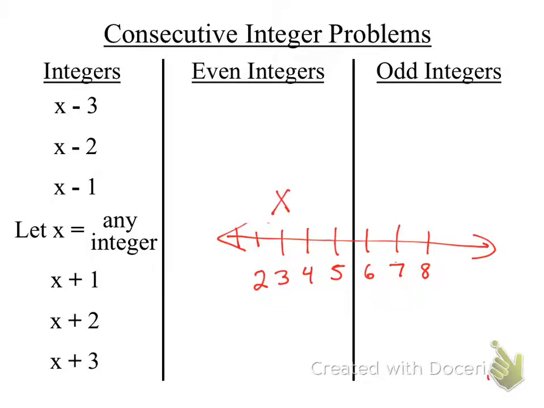What do I have to do to x to get to the next odd integer? What did I do to 3? I added 2, and it takes me to the 5, right? So I'm saying x plus 2. What would the next odd integer be? X plus 4. You get the idea?